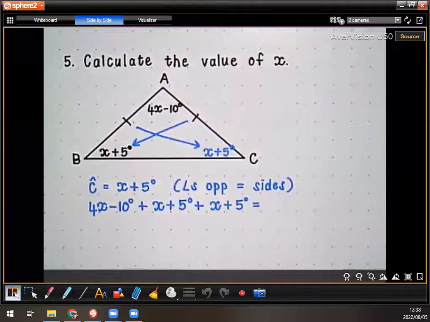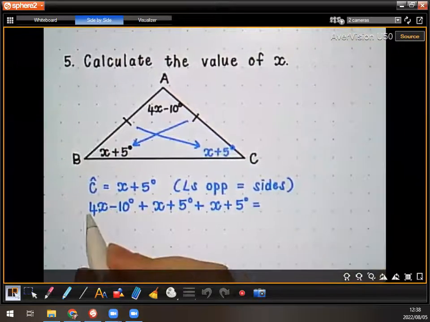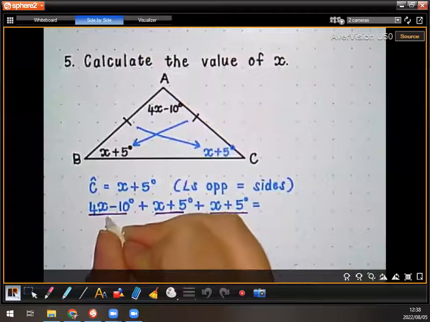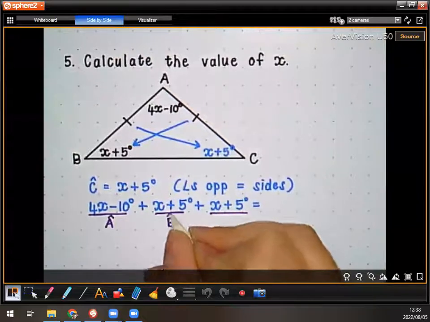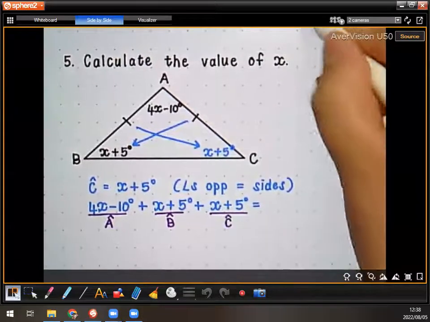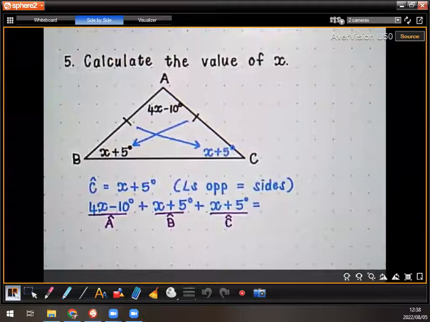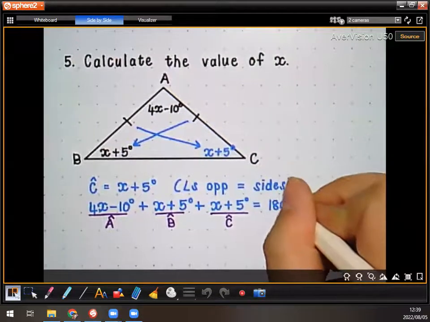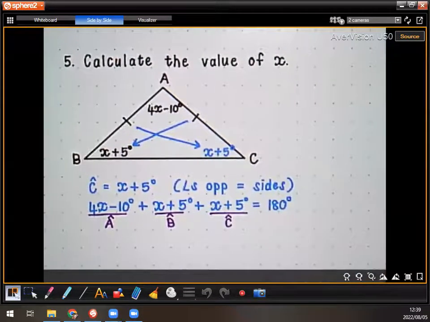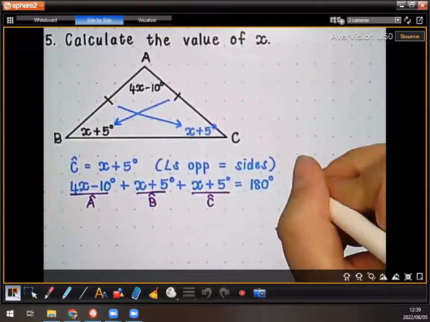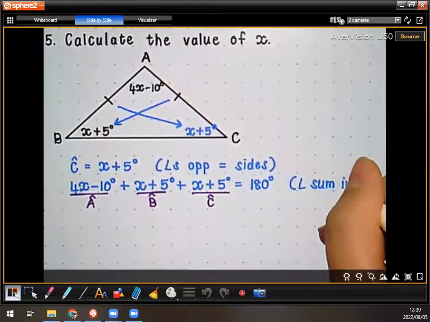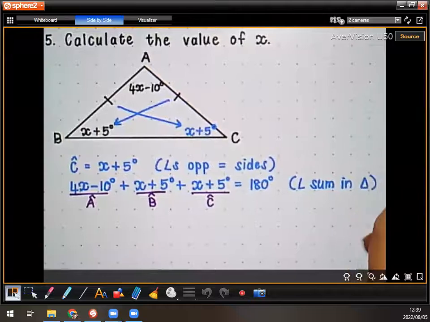So those three angles, that's angle A, that's angle B, that's angle C. You can write it just underneath if you want, as a reminder of where this is coming from. Is equal to 180 degrees. And the reason there, someone said it earlier, is angle sum in triangle. Okay, sorry, my apologies.